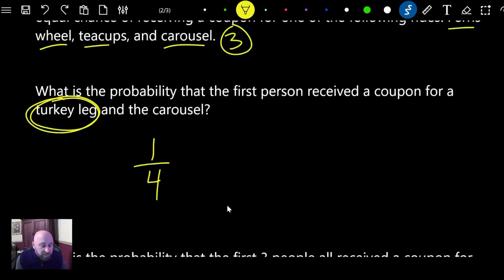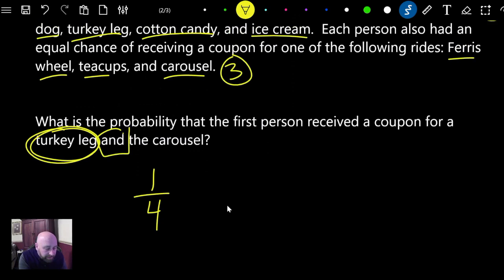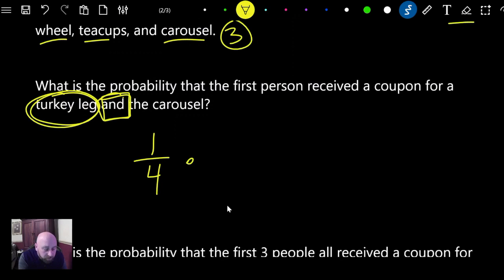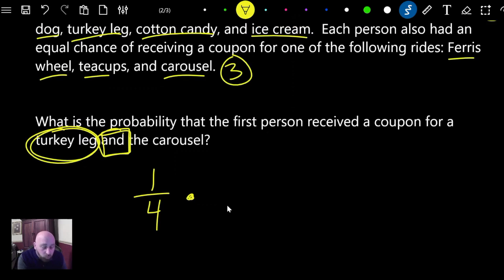And then we see the word and. All right, that's a key word right there. So we are going to multiply, and then the carousel is the 1 thing that he could get that would satisfy this arrangement here of turkey leg and carousel.